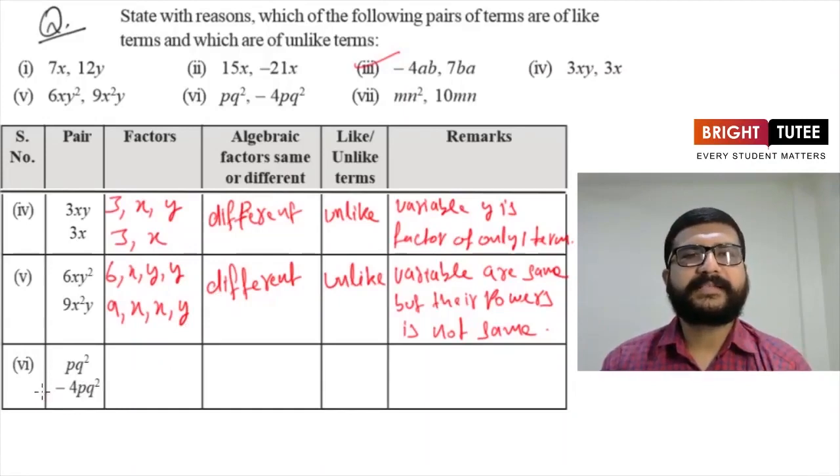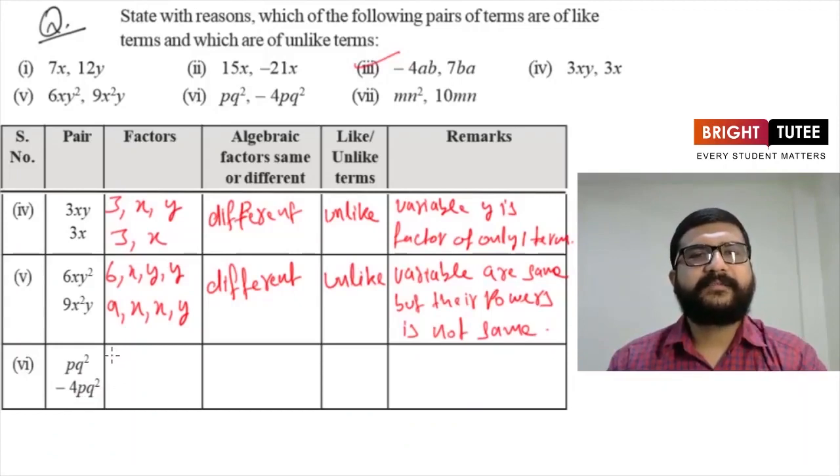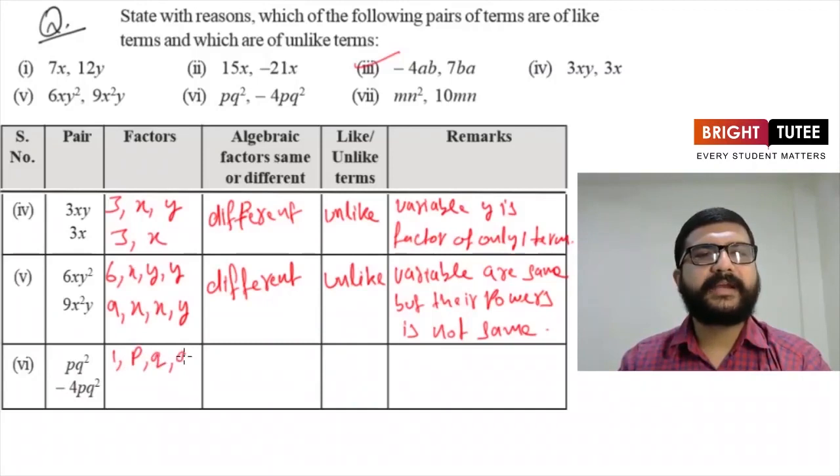Now the sixth pair is pq square, and the second term it is minus 4pq square. So for the first term, factors are 1, as we never write 1 if 1 is the coefficient here. So 1, p, q and q.